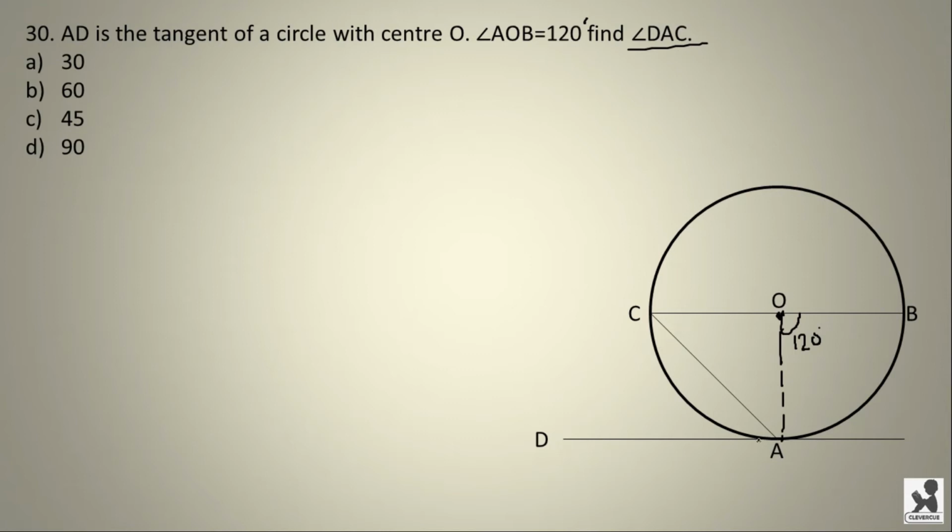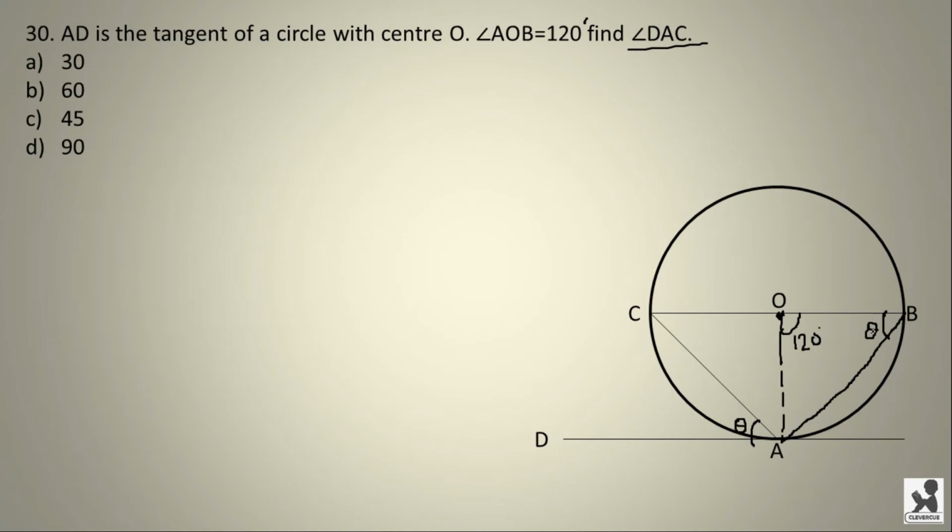This is also a problem from the alternate segment theorem. So join the AB line. If we find angle ABC, then it will be equal to angle CAD, according to the alternate segment theorem. So if this angle is theta, then this angle is also theta.